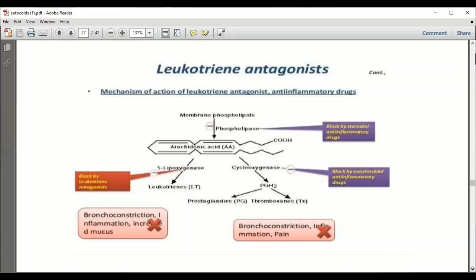On the other side, if you block the cyclooxygenase pathway, you block the prostaglandins and the thromboxane, and then the patient does not manifest bronchoconstriction, inflammation and pain. That is how these types of anti-inflammatory drugs work. You can see at the top that the steroid blocks all of them at once, but you have to understand the consequences and side effects of steroids.